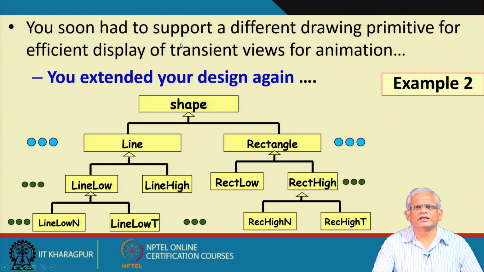Soon we had to support animation and transient view, and therefore, again we split. One is the transient view and the other is the permanent view, and so on. We had to split every class here. The class hierarchy has become deeper and much more complex.